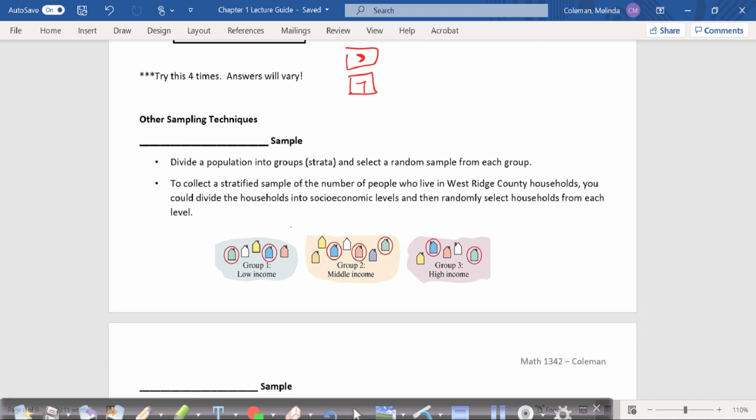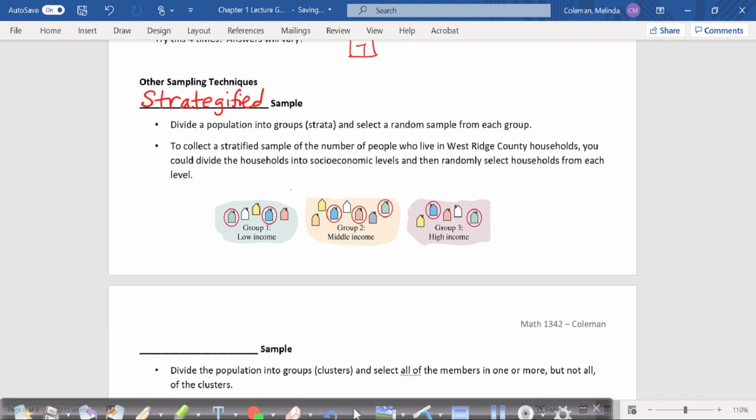All right. Other sampling techniques. The next one is called stratified. This one divides a population into groups, into some sort of strata, and selects a random sample from each group.